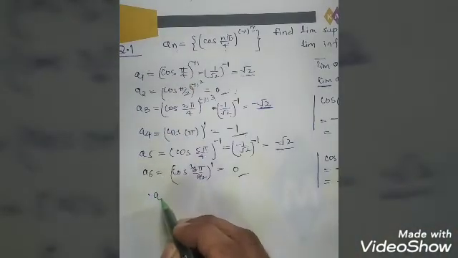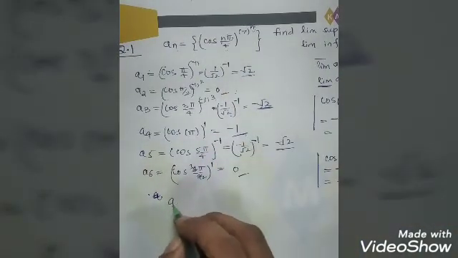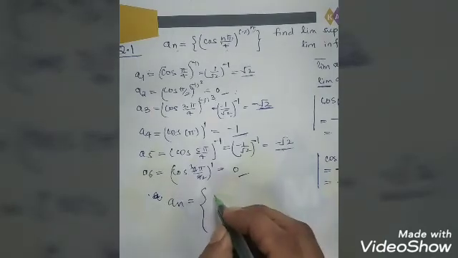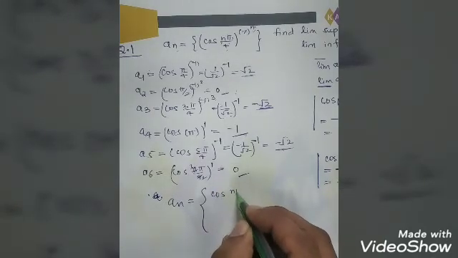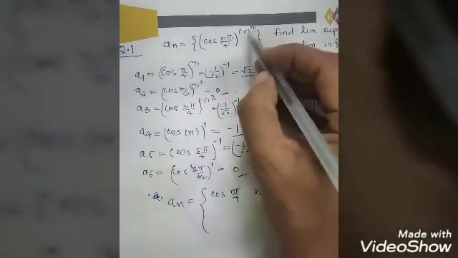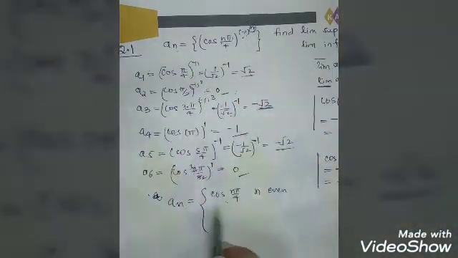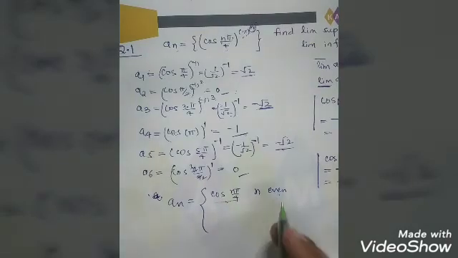So what are the terms in the sequence? When n is even, minus 1 raised to even will be 1, so the term is cos(nπ/4).